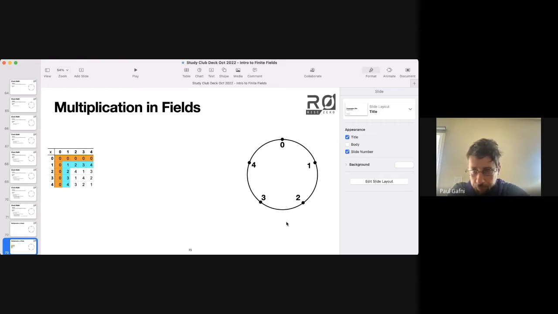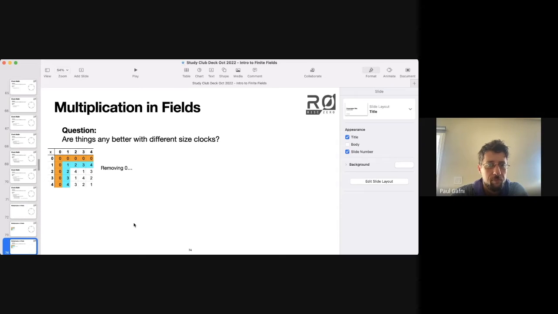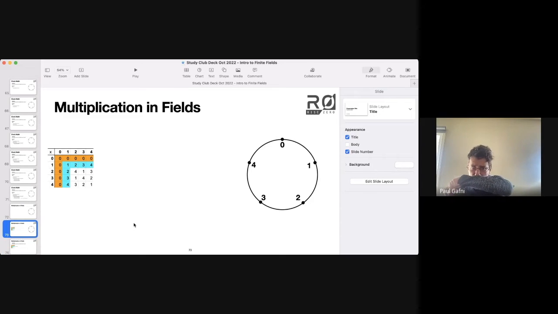I have this little multiplication table off to the left, and I similarly marked it with the orange zeros, which are what happens when you multiply by 0, and the blue row and column, which are what happens when you multiply by 1. So we have on this clock an additive identity of 0, and a multiplicative identity of 1.